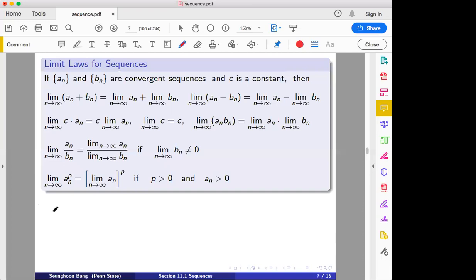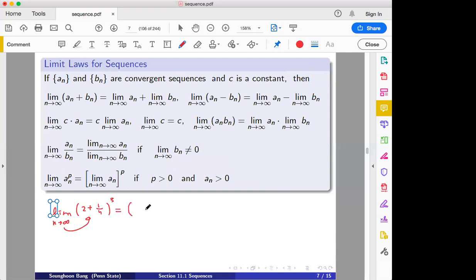Because I'm going to give one example: the limit as n approaches infinity of 2 plus 1 over n, to the power 3. How can you solve it? In this case, the limit can go inside.